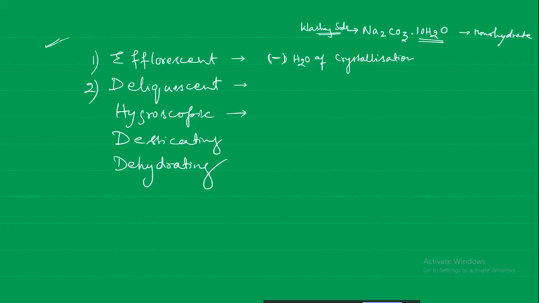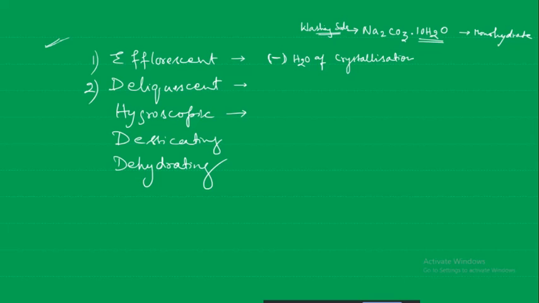So some substances can absorb moisture, but after absorbing the moisture, it should become a saturated solution. That is important. It is not sufficient that it is just absorbing the moisture.